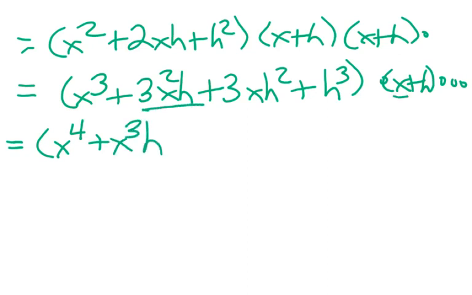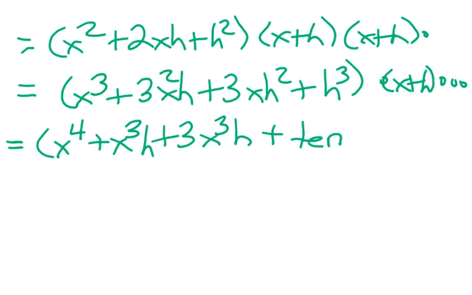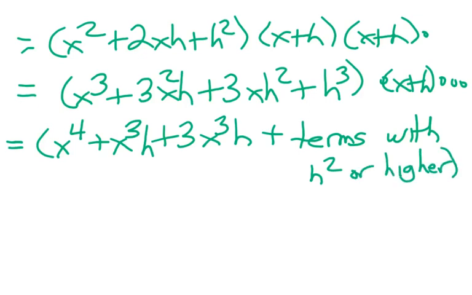But we also need 3x squared times x, which is 3x cubed times h. And here's where we're going to simplify at least what we're writing. So we're going to get, the rest of them are going to be terms with h squared or higher. Again, we may need some more of these things.